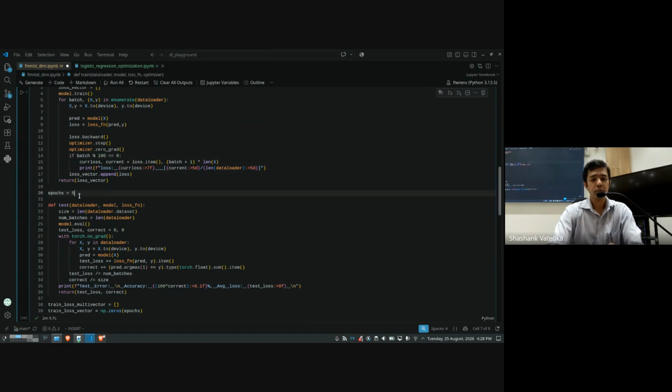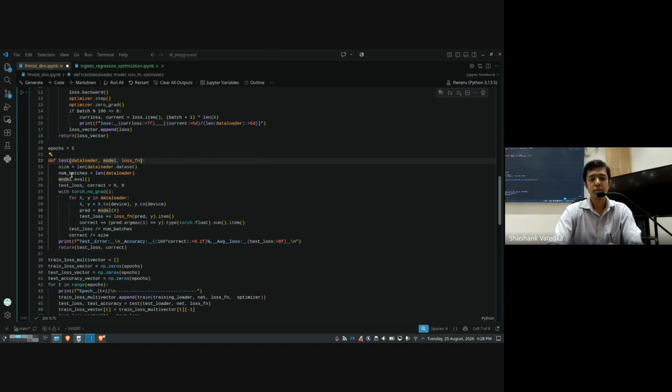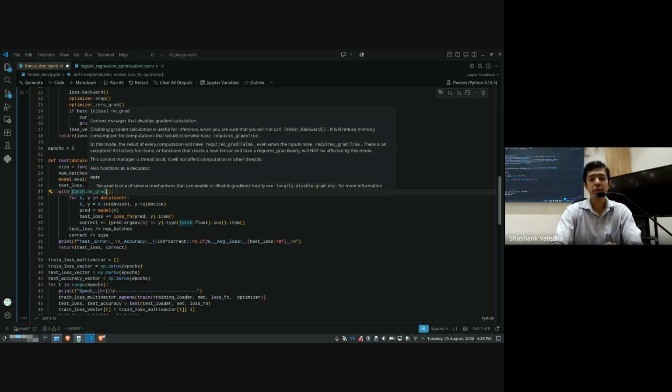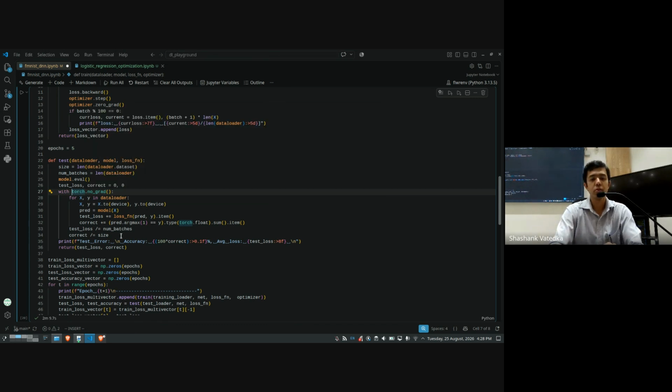Similarly, for the test function, I'm just evaluating the performance. As we did in the case of logistic regression, evaluation over the test data set is done within a block which has torch.no_grad, which instructs the PyTorch library that all of these instructions are not to be used to build the computation graph.